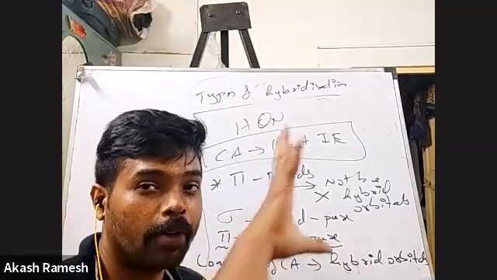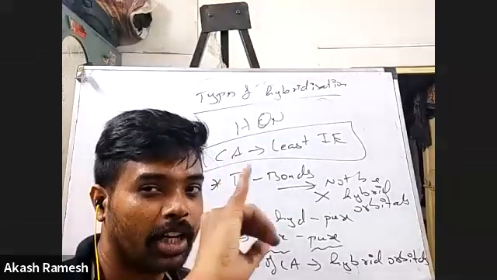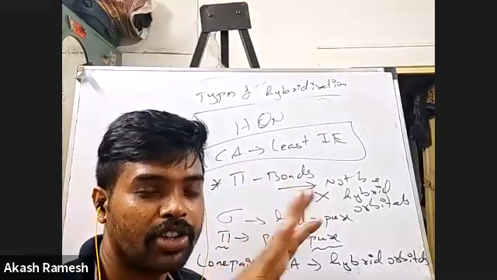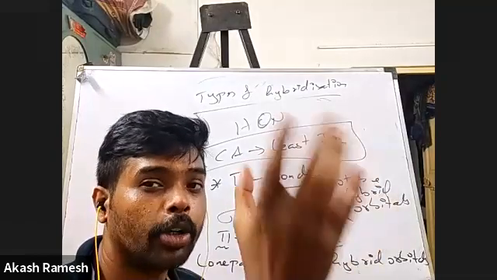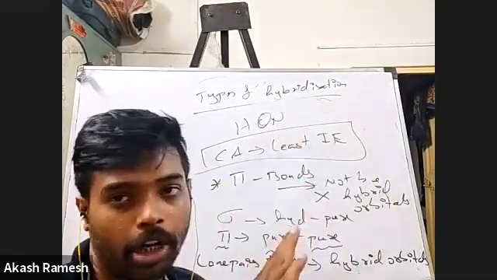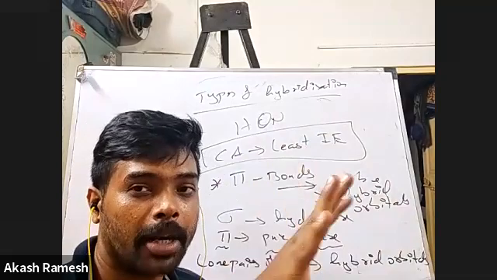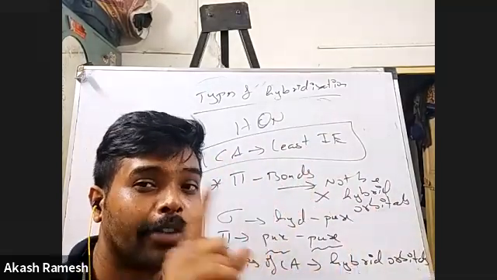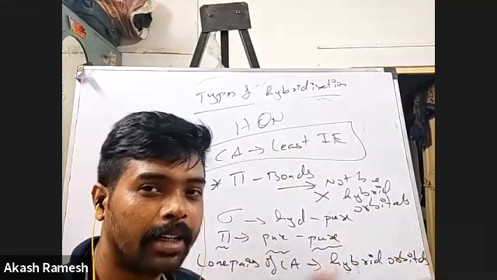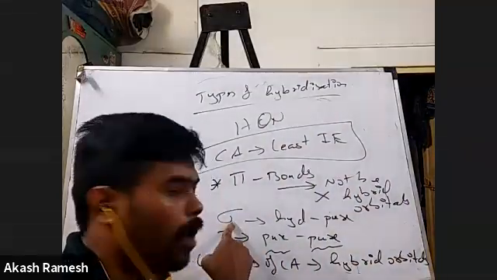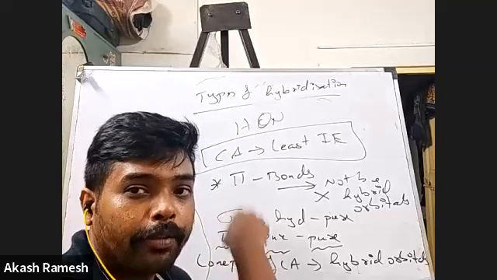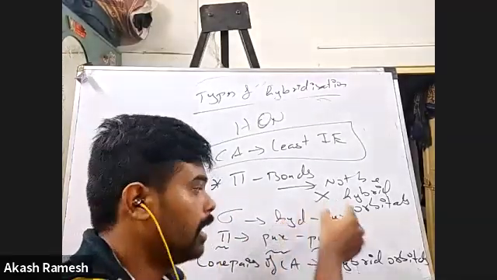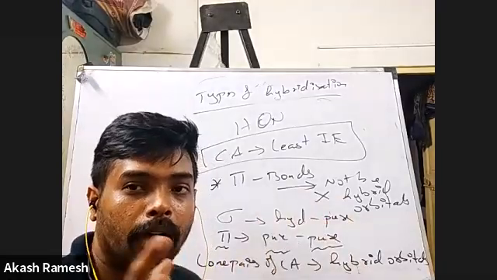Now, going over the points. In the theory of hybridization, it is not anymore an overlap of pure atomic and pure atomic orbitals. There are hybrid orbitals formed for the central atom, and a sigma bond is formed by the overlap of hybrid orbitals of the central atom and the pure atomic orbitals of the bonding atom.